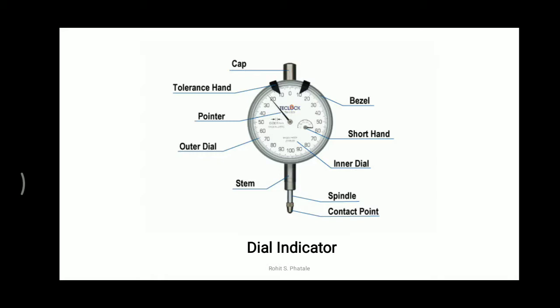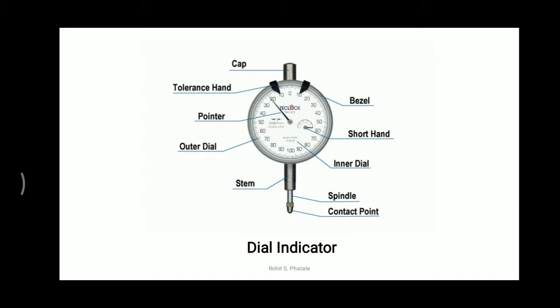The purpose of the short hand is to give the small dimensions; the readings given by this short hand will generally be in decimals. And this is the inner dial, the circular scale.